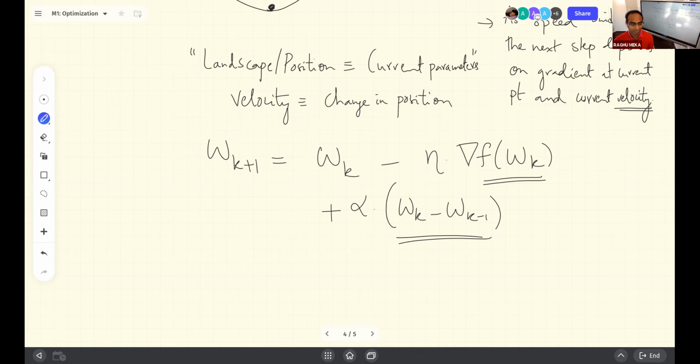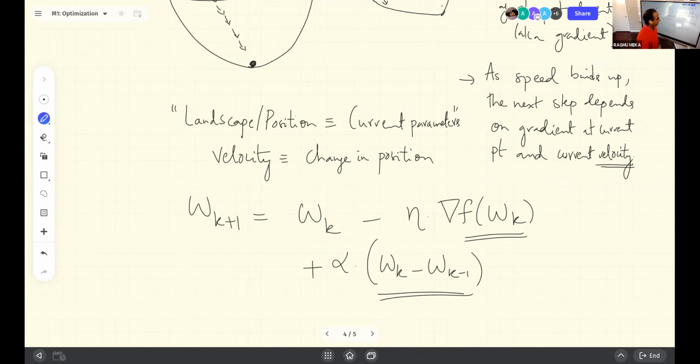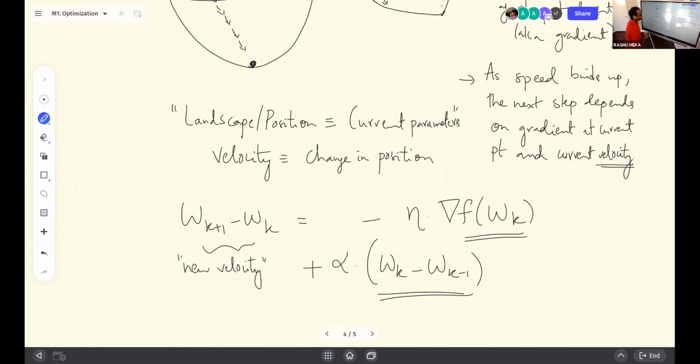So what is the momentum here again? The momentum is basically some constant times the velocity. Momentum is always the mass times the velocity. So the way we are changing our velocity right now is there is some update corresponding to, maybe it's better to write it this way: W_{k+1} minus W_k, which is the new velocity, has some component coming from the force, from the direction of the steepest gradient.